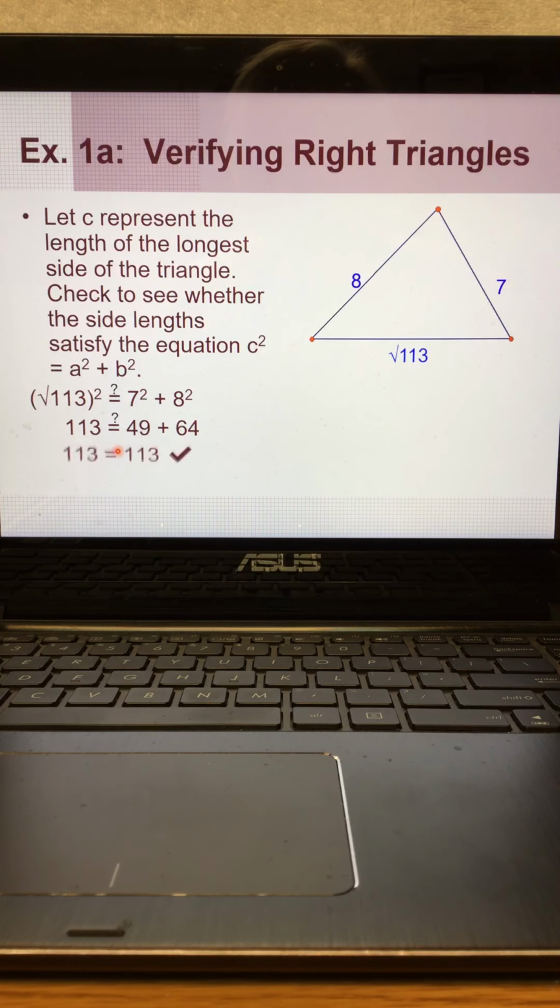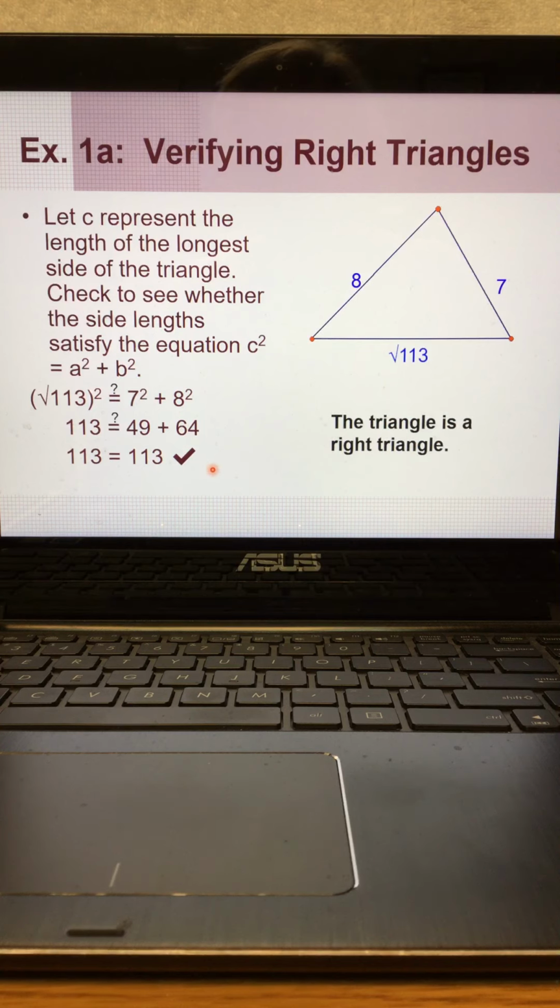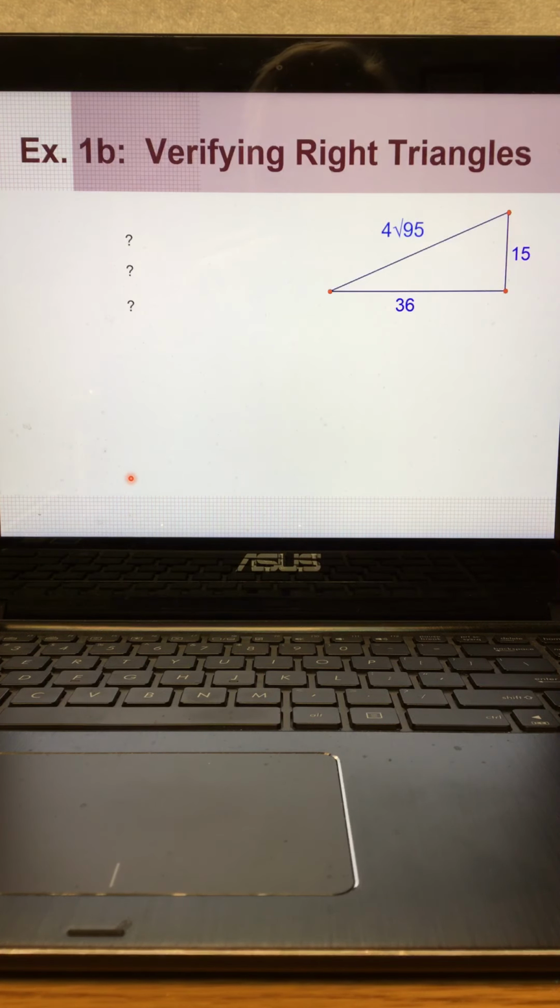And when I add the right side up, it equals the left side. So I can tell you that this triangle is a right triangle. Let me point out again, when you punch this into your calculator, put parentheses, square root of 113, close your parentheses, and square it.